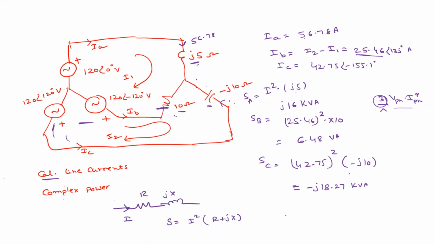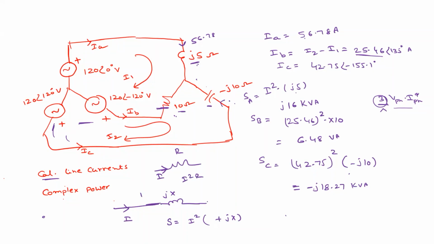What is R plus JX, right? If there is only a resistive element, how will we calculate it? I square R, right? In the same manner, if you have only the resistive component, the JX will be absent. Here you have I square into R plus JX.